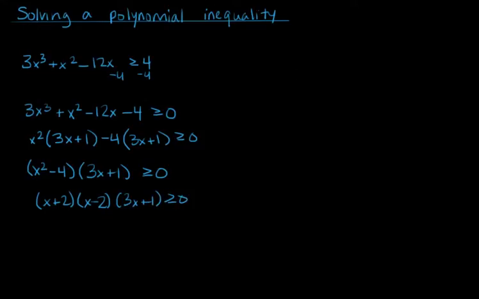And now I want to take a pause and think about what this function looks like. There's a function, f of x equals x plus 2 times x minus 2 times 3x plus 1.